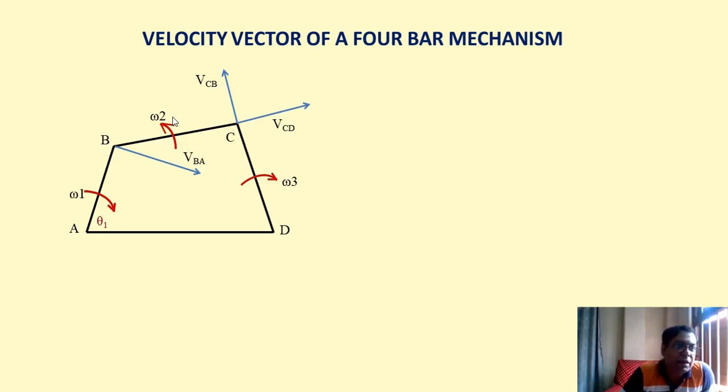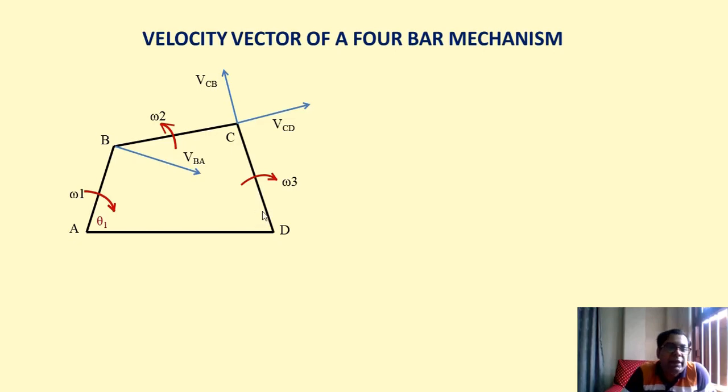Now BC, with respect to B, when the point C is rotating in anti-clockwise direction, then this blue line which is acting in the upward direction, that is VCB, is perpendicular to BC, which is the connecting rod, making an angle of 90 degree. It is the velocity component of this connecting rod.